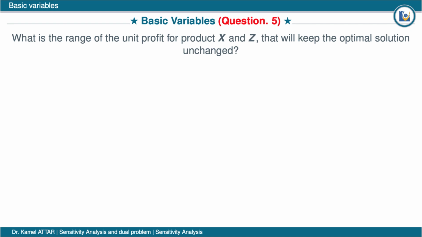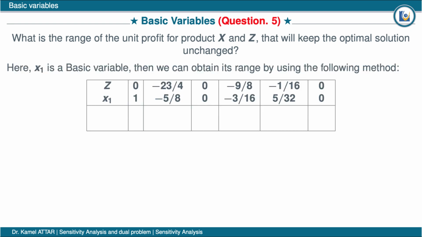Now, let's move to the case with the basic variable. Let us ask the following question. What is the range of the unit profit for product X that will keep the optimal solution unchanged? Here, x1 is the basic variable. Then, we can obtain its range by using the following table.